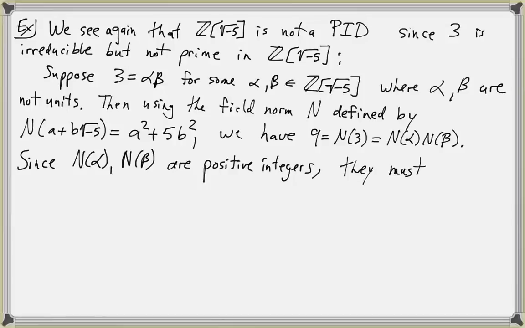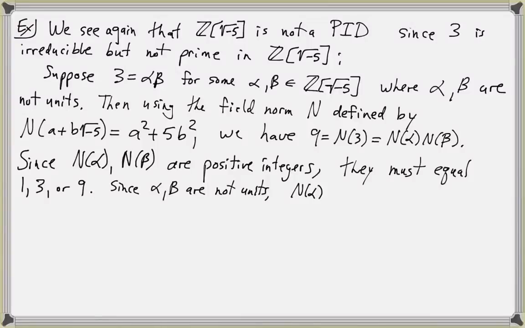They must equal 1, 3, or 9. Now, recall we're assuming that alpha and beta are not units, so since alpha and beta are not units, their norms can't equal 1.